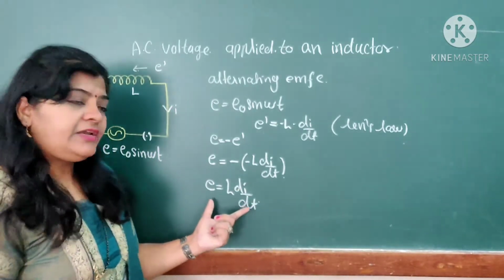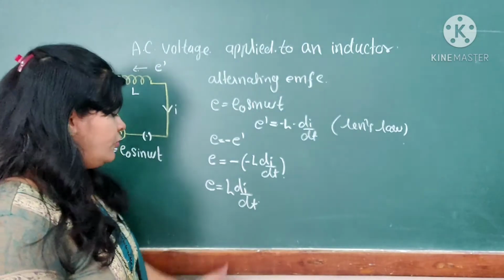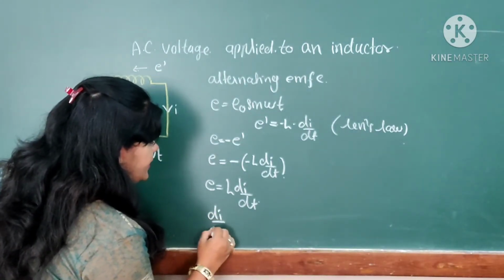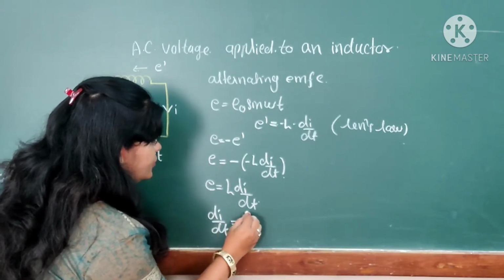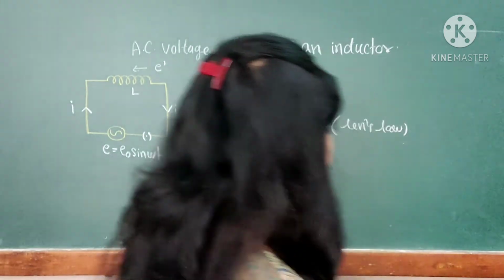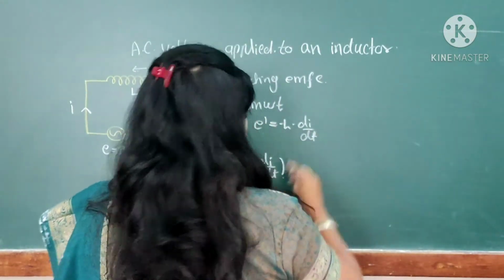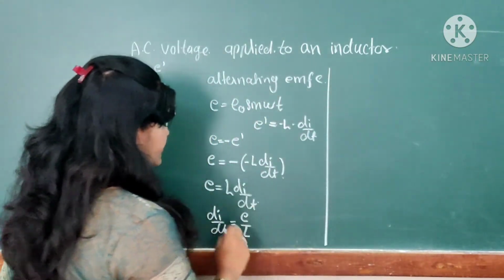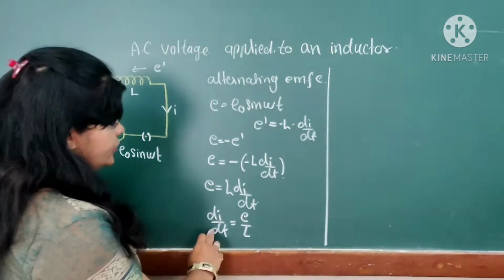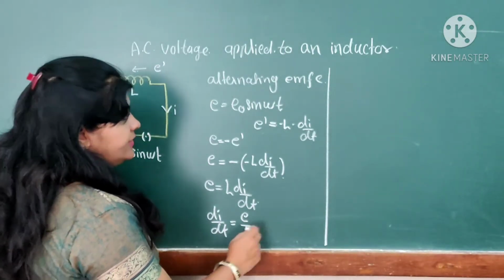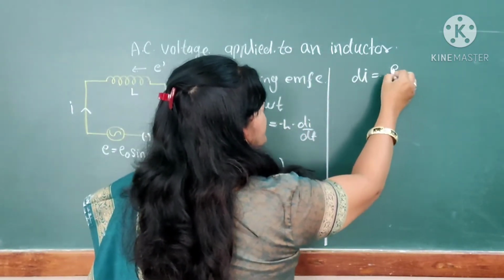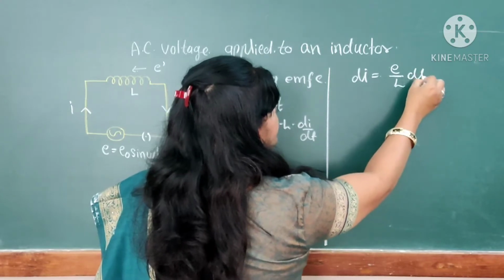Now we are interested in finding the value of I. So di by dt is equal to E upon L. Since we want an equation for I, where the derivative is present, we take the integration on both sides. Cross-multiplying by dt, we get di equal to E upon L into dt.